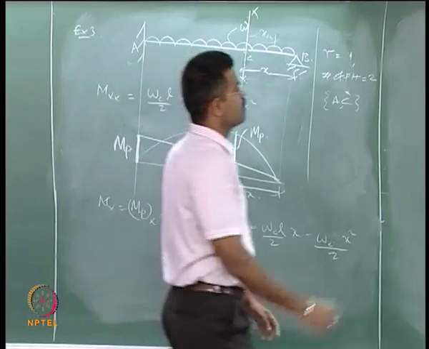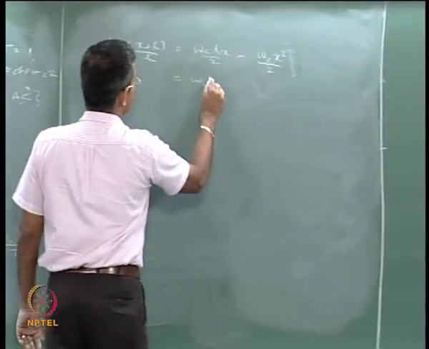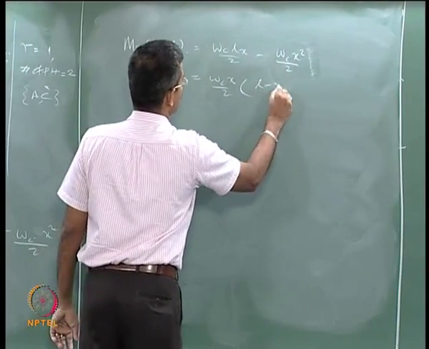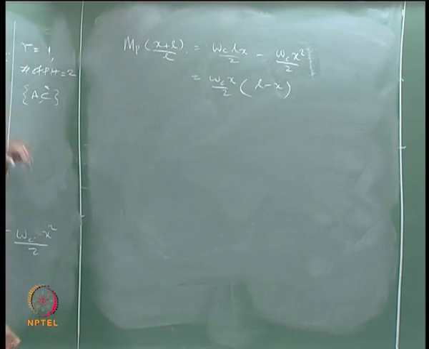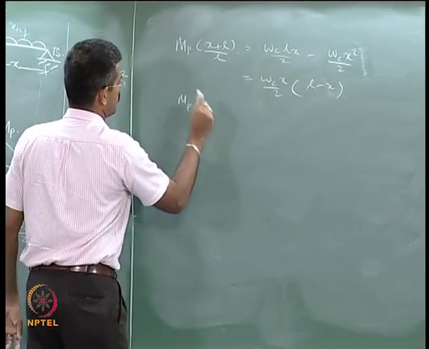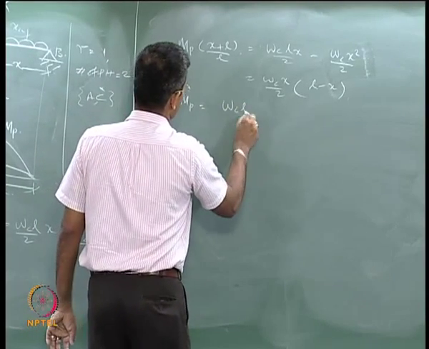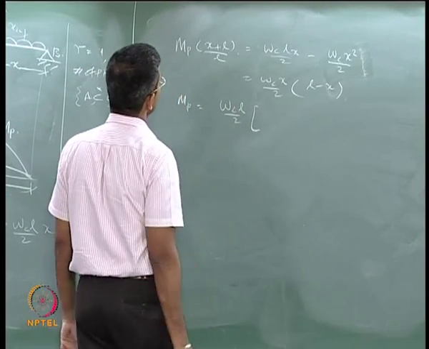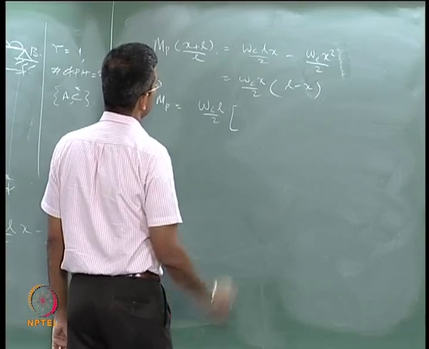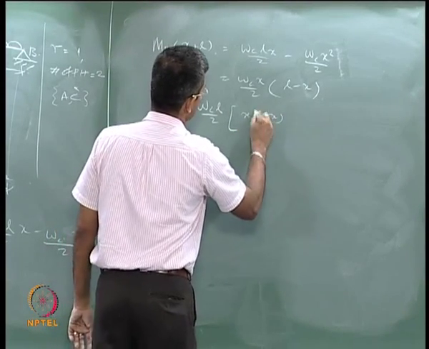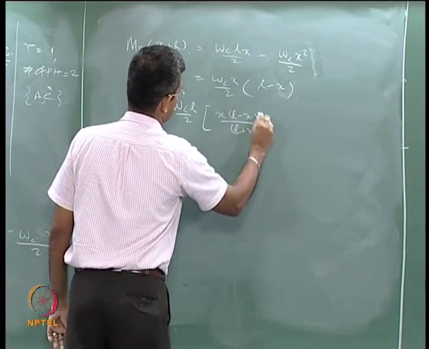So let us say now WC x by 2 into (L minus x). So MP will be now equal to WC L by 2 into x into (L minus x) by (L plus x).